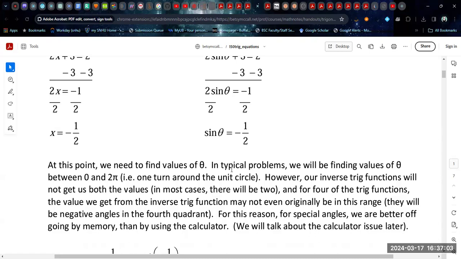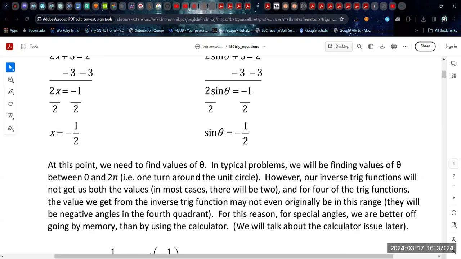Now, typically, I'm going to need to find all the values between 0 and 2 pi, although sometimes you will see problems where they find them between -pi and pi. But in a lot of textbooks, they're asking for 0 to 2 pi.